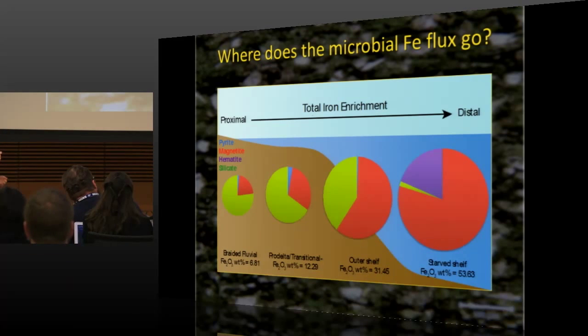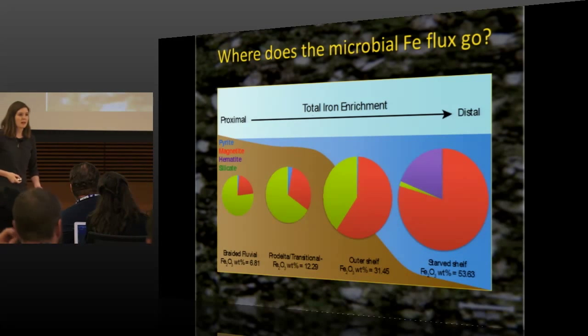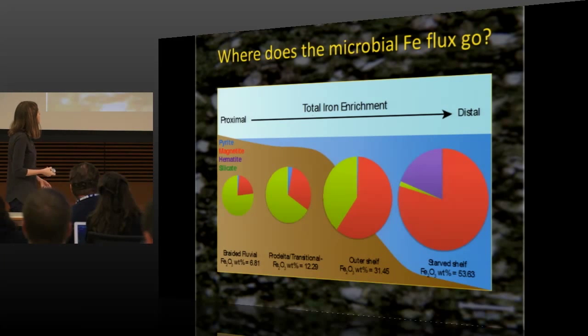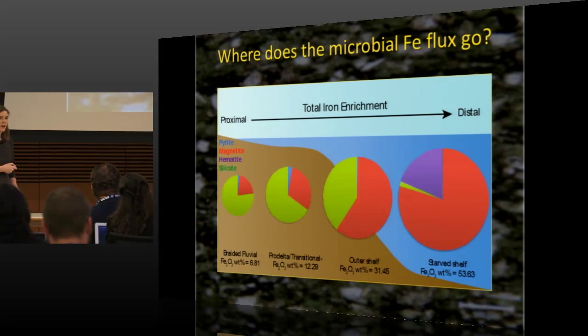As we move from the proximal to the more distal part of the basin, we're seeing an increasing proportion of magnetite. And this leads us to hypothesize that magnetite is the main reservoir for the benthic iron flux. You can also see that the size of the pie chart is increasing as we're moving to the distal basin, and that represents iron enrichment.